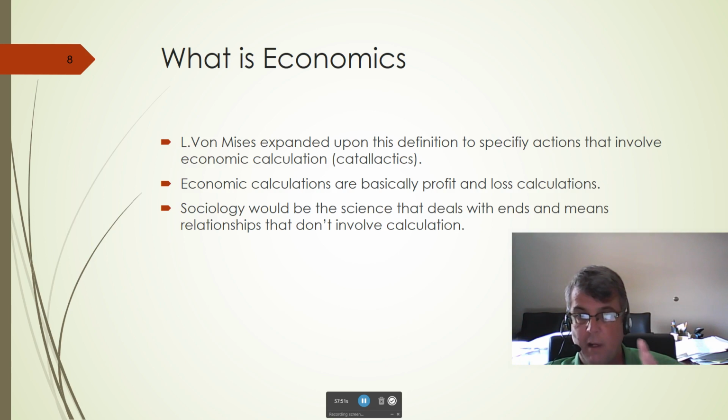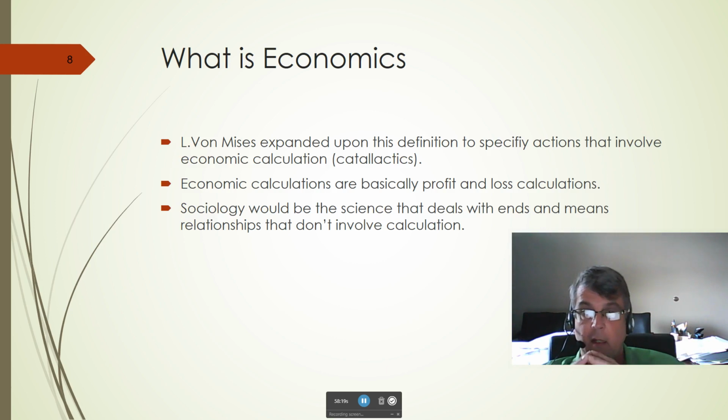I would then want to evaluate that against the cost of expanding the factory. Let's say it would cost me $800,000 now to expand the factory, and in 1 year I will have $1 million in widgets sold. Is that a good deal? Should I do that? That is catalactics, and it's known as profit and loss calculations.